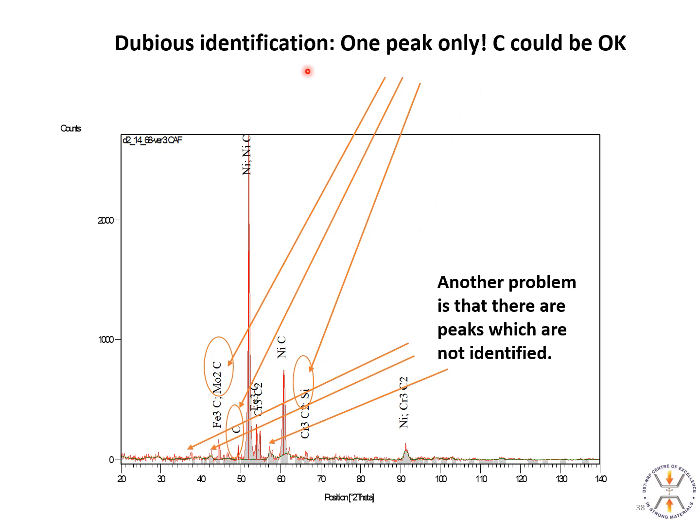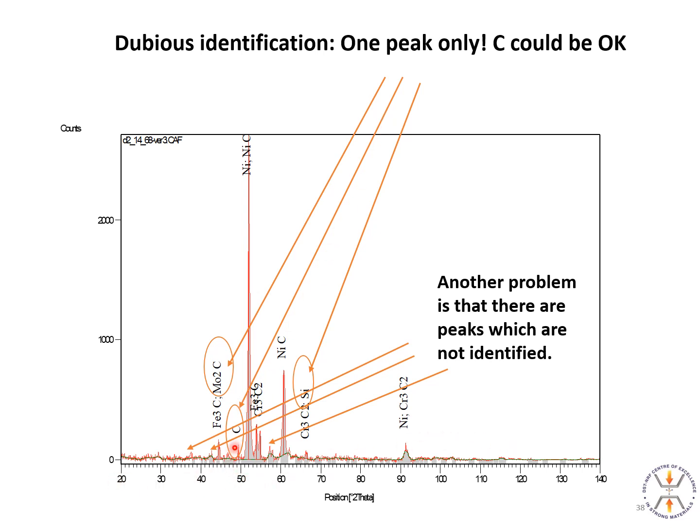Right, now this is a dubious bit of identification because first of all you've got only one peak for this phase, silicon, and that's bad because apart from carbon, which has only a small number of peaks, and depending on what range you use, you might only find one.